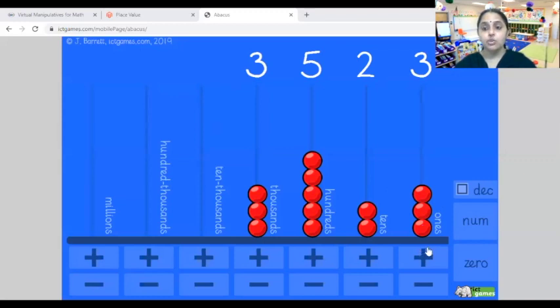So we have to add 8 in the ones place. Let us try to add 8 and see what happens. 1, 2, 3, 4, 5, 6, 7 and 8.